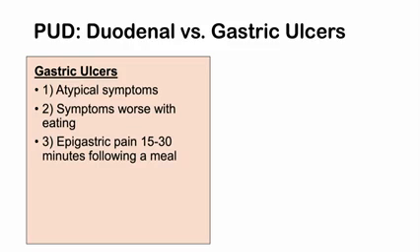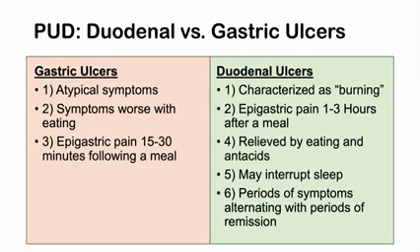In that pain and discomfort can occur roughly 15 to 30 minutes following a meal because it takes time for gastric acids and some of that digestive processing to occur. Whereas with duodenal ulcers, they're more likely to be described as burning sensations. The epigastric pain that occurs with duodenal ulcers is more likely to occur 1 to 3 hours after a meal.